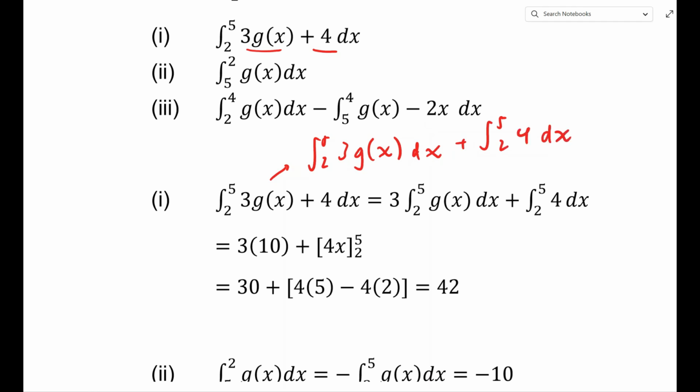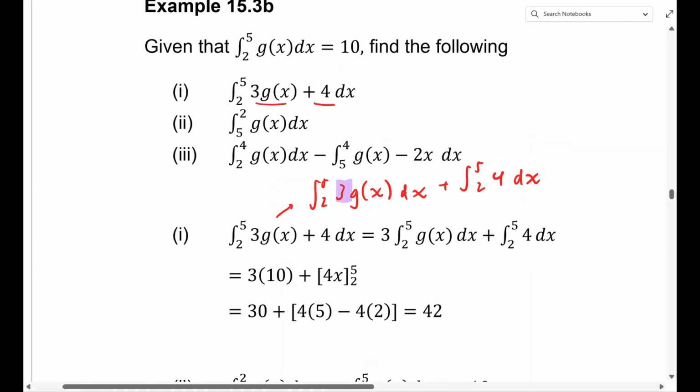And then afterwards, we can take out the constant of 3 from our first one, and we'll see that we'll be left with this definite integral which has the value of 10 given in our question. Since this equals 10, you know that the first term is just 3 times 10.